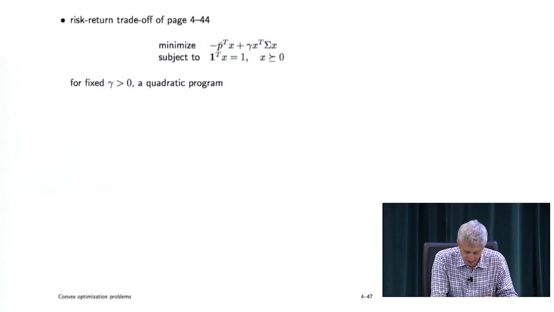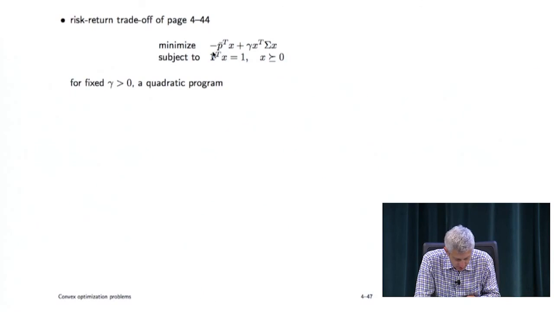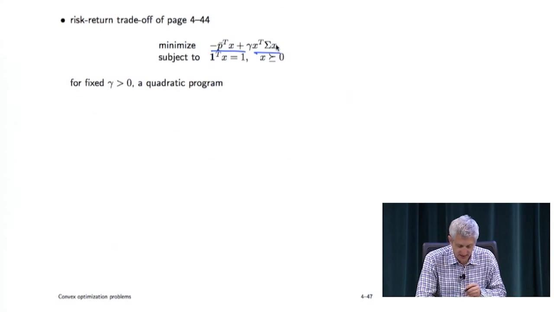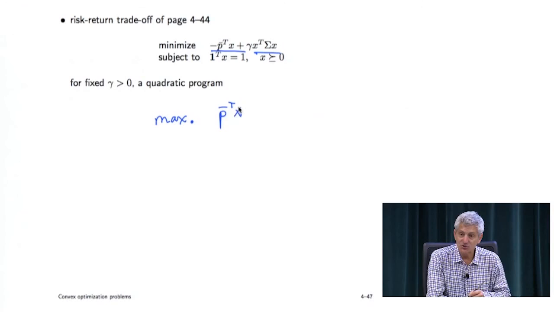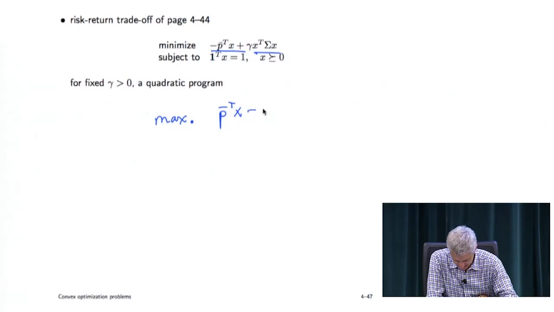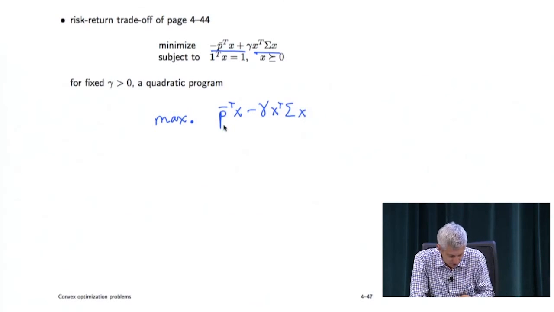In finance, if you apply it there, you minimize negative mean return plus gamma times x transpose sigma x, that's risk. People would normally write that this way: you would maximize p bar transpose x, that's your mean return, minus gamma x transpose sigma x. And this has a beautiful name.